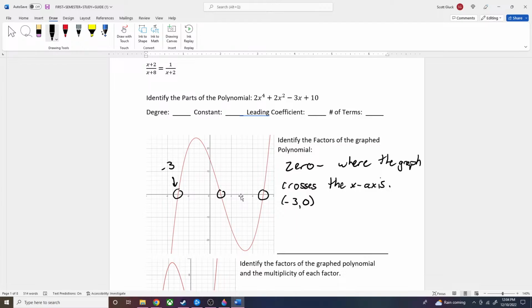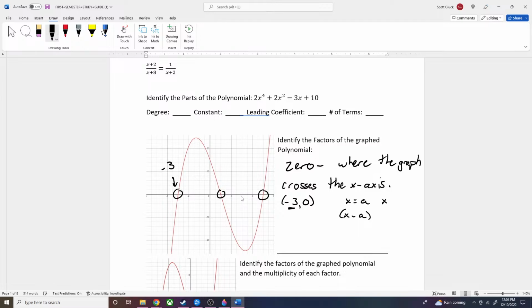Now, what this boils down to for us is that this value right here has a corresponding factor that will result in this being 0. And this is the way this works. If x equals a, then x minus a is the corresponding factor.